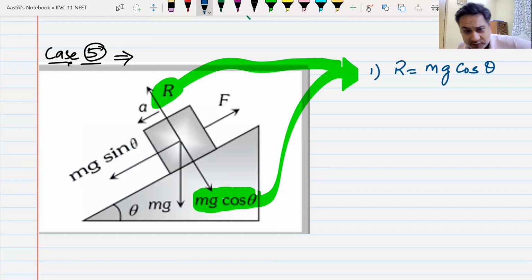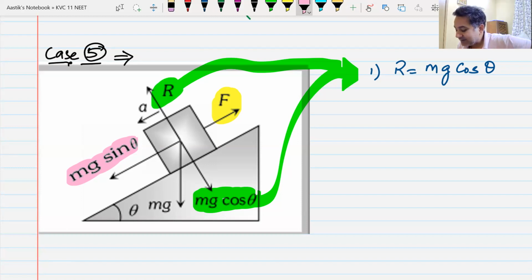Now here there are cases possible. As you can see, there is a small force F acting in the upward direction. And then there is the force mg sin theta which comes because of weight. Sorry, three cases are possible.